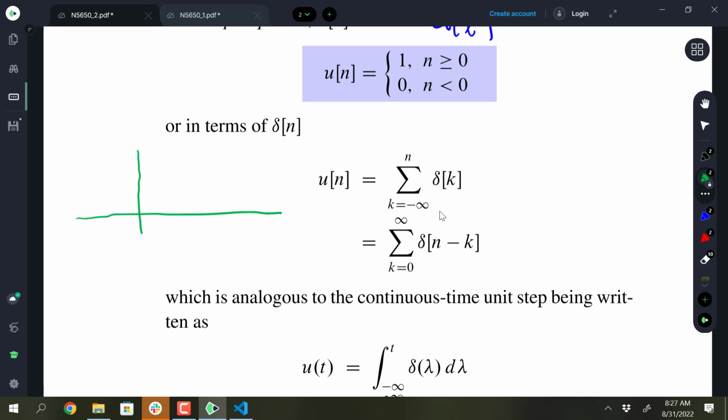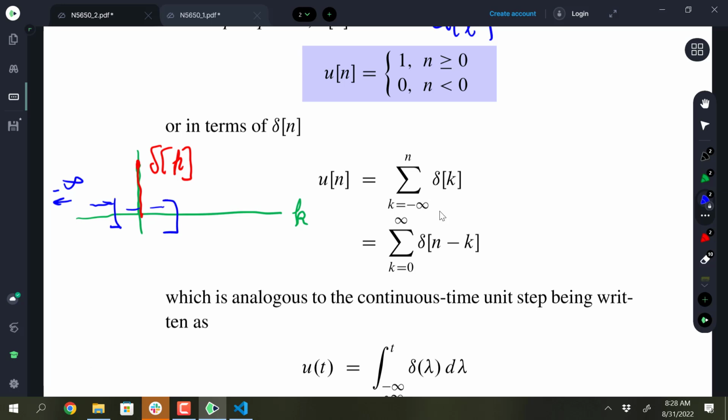I make a k-axis, and this is delta of k, and then I start summing from minus infinity up to some value, and up to some other value.